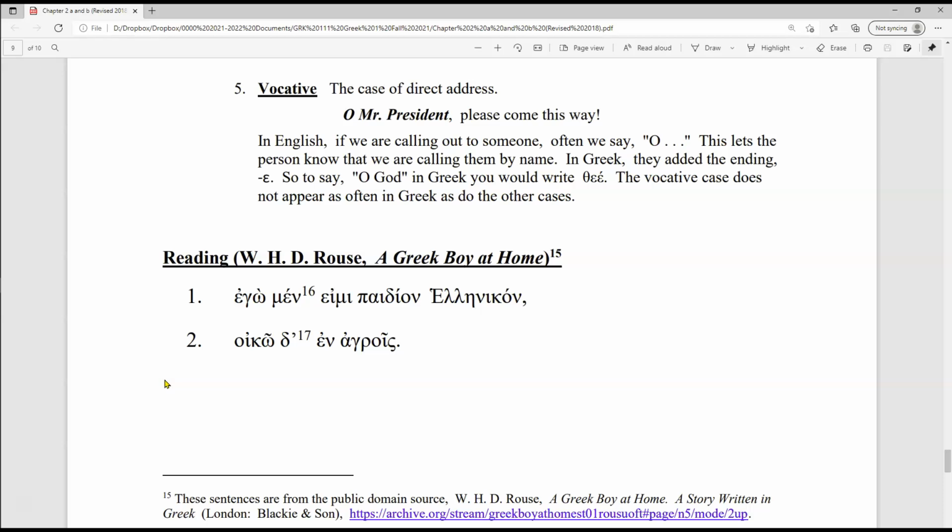Rouse may be the best Greek teacher ever. But what Rouse would do, and remember, we wouldn't be college students. We would be in the 4th grade, because that's when they would start us learning Greek. So Rouse would just start talking Greek in his class.